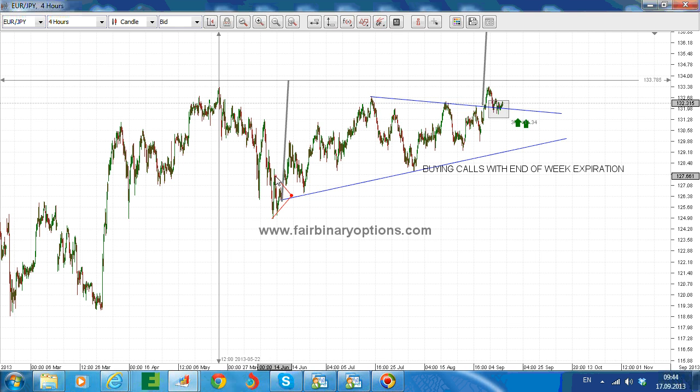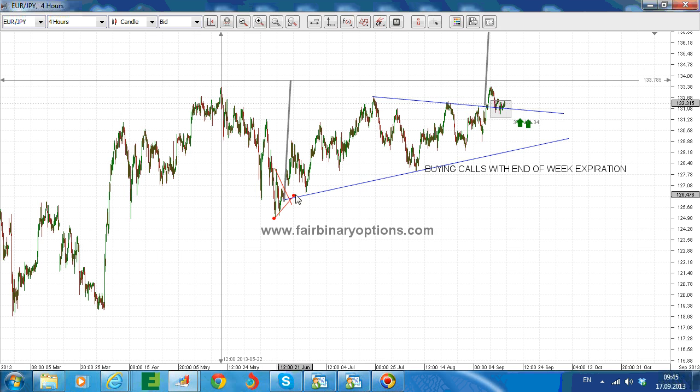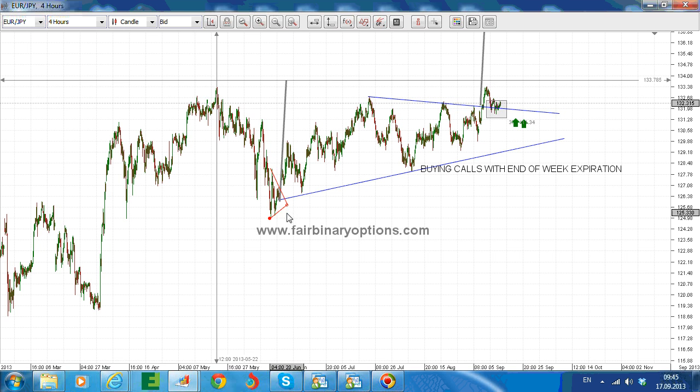It is looking like a double combination, and because the triangle of a lower degree ended here, this is why we are supposed to look for the leg of this triangle to end here, and from here to take the measured move.